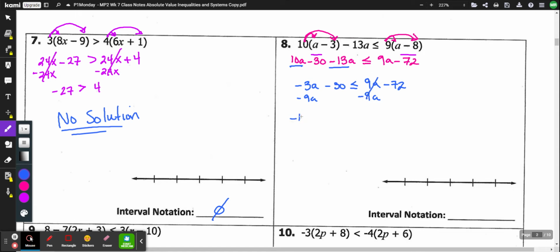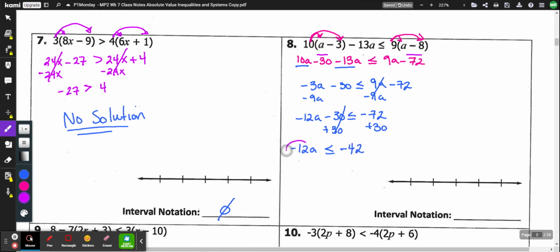Those cancel. Negative 12a minus 30 is less than or equal to negative 72. Add 30 to both sides. Those will cancel. And negative 72 plus 30 is going to equal negative 42.